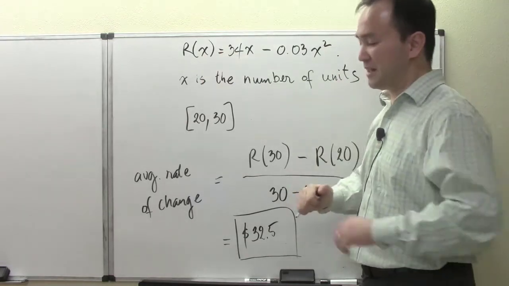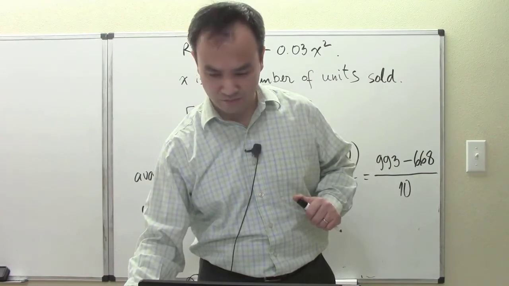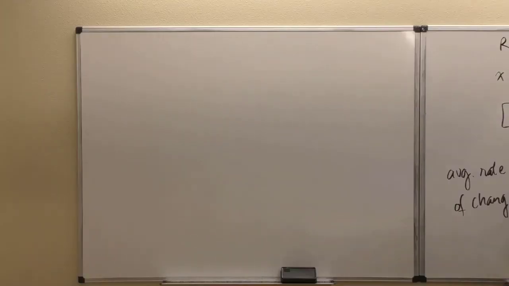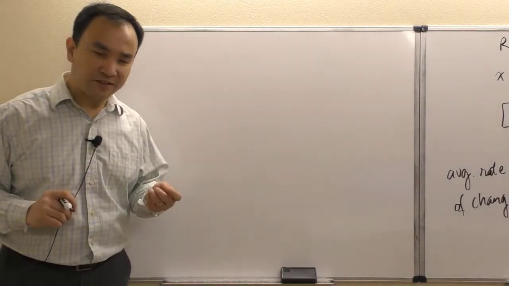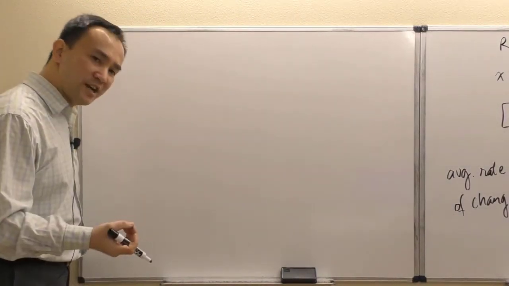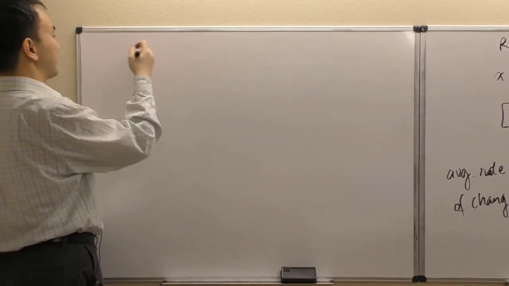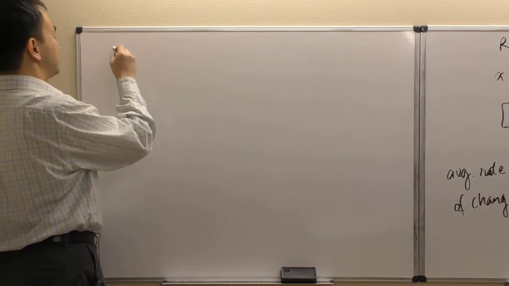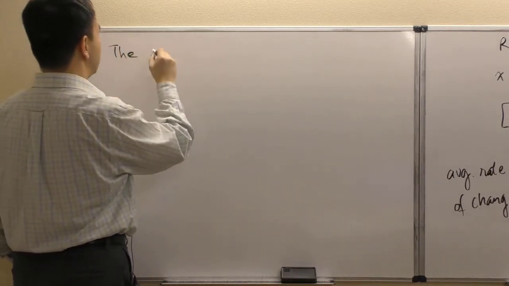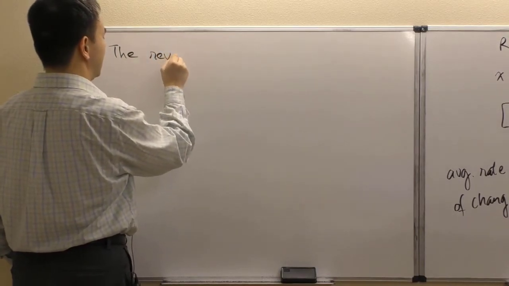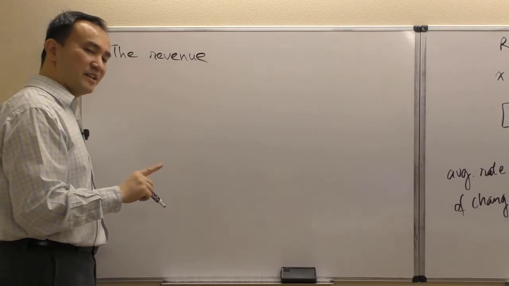But now I am going to step to the other board and give some quick interpretation of that answer. Note how we've had a positive sign in our answer. So that means the revenue has a positive rate of change, as indicated in the answer here.